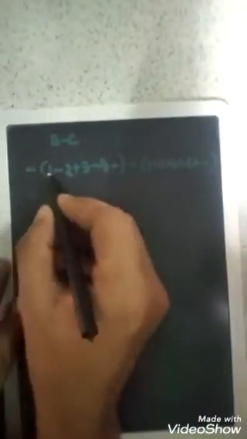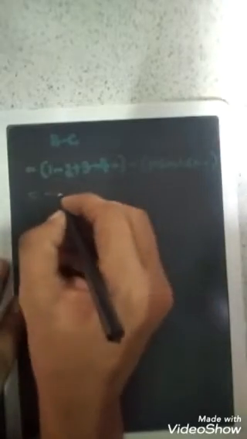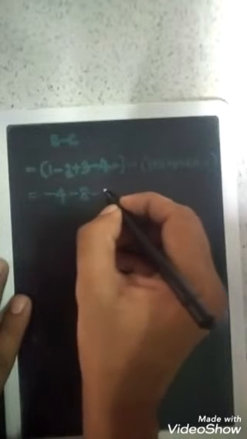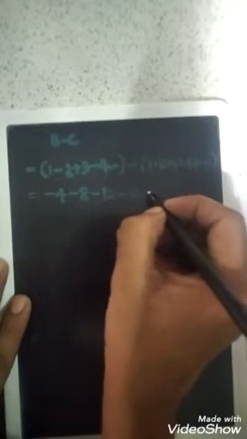Now I have to subtract both the series. 1 minus 1 will be 0, minus 2 minus 2 will be minus 4, 3 minus 3 again will be 0, minus 4 minus 4 will be minus 8, and the next term will be minus 12. So this is the series we are getting.